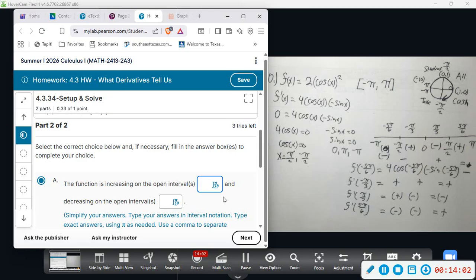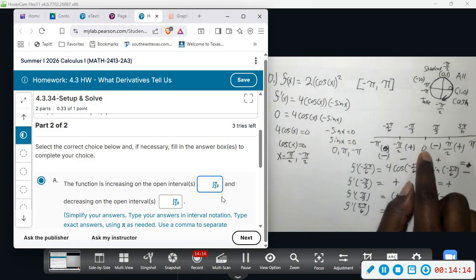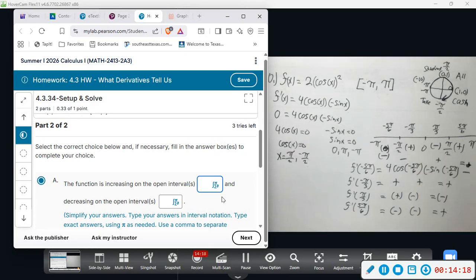All right, so I'm going to see if I can type this all with the computer. We want increasing first. So that would be from negative pi over 2 to 0 and pi over 2 to pi.